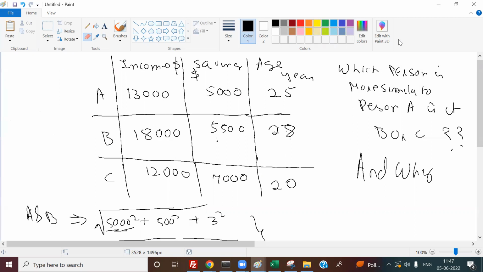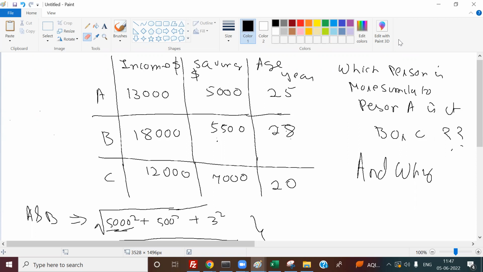Yes, because difference is only 3 between A and B, and difference is 5 between A and C. If I compare them based upon these savings, again B is similar. Difference is only 500 between A and B, and between A and C it is 2,000. So based upon saving and age, probably B is more similar to A.